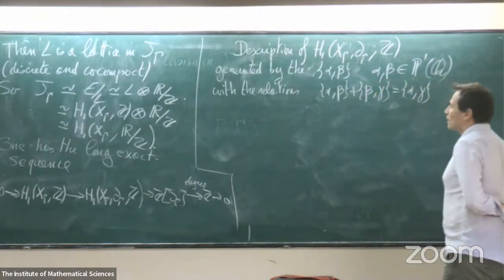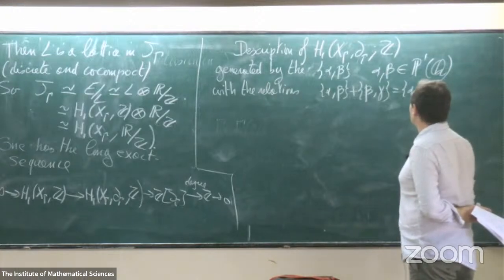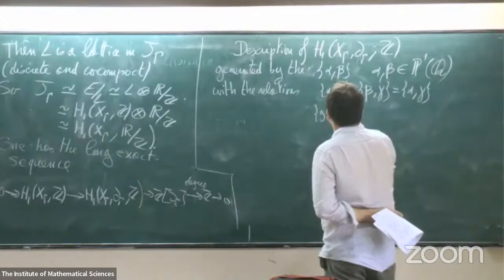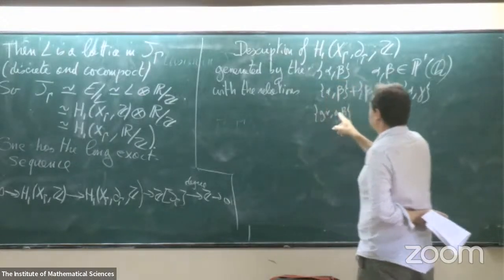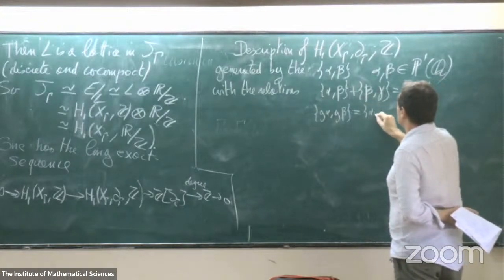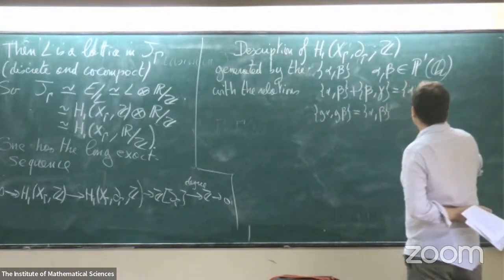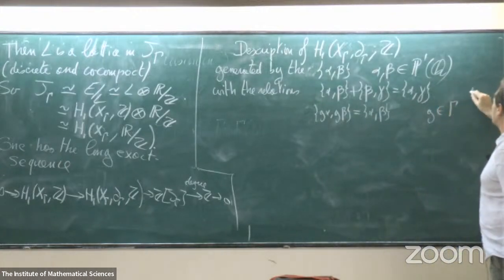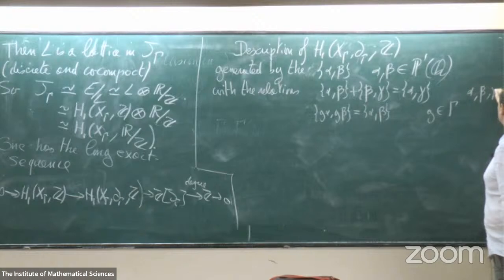That's the first relation. And also G alpha, G beta, so this is the homographic action, is equal to alpha beta for all G in gamma. And of course, alpha, beta, gamma belong to P1 of Q.